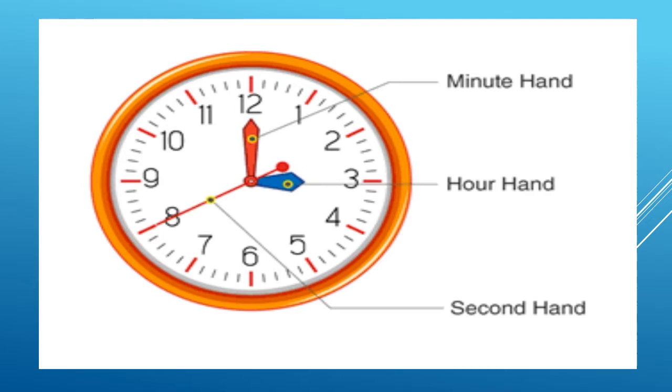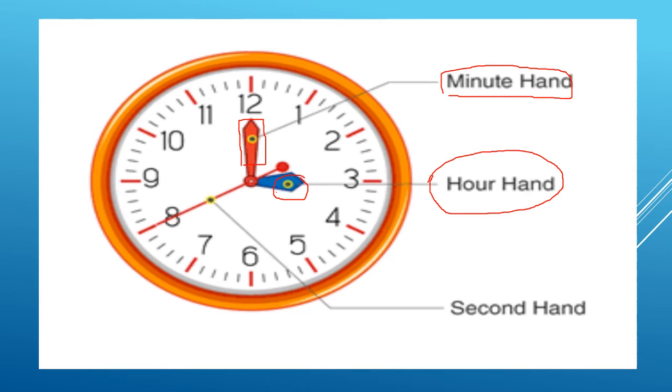Look at this picture. This hand, the smallest hand, is called hour hand, and this hand is called minute hand, and the biggest hand, this one, is called second hand.